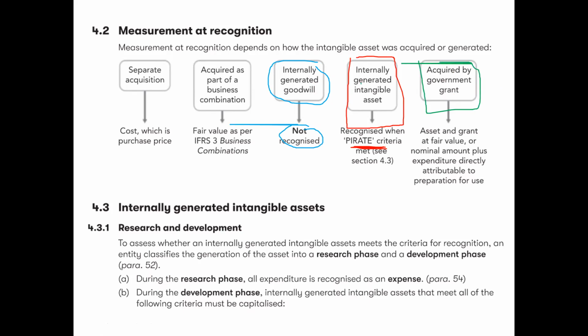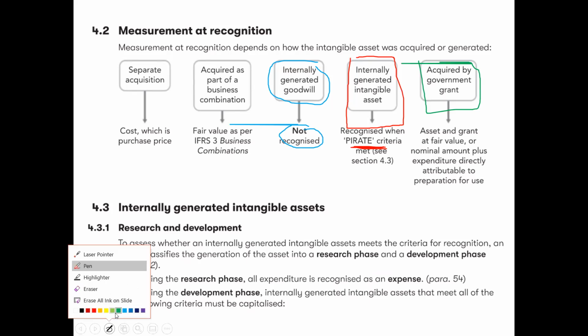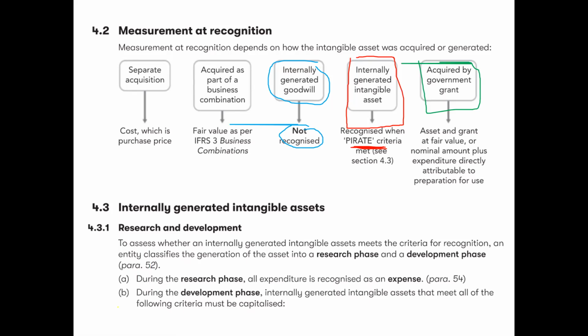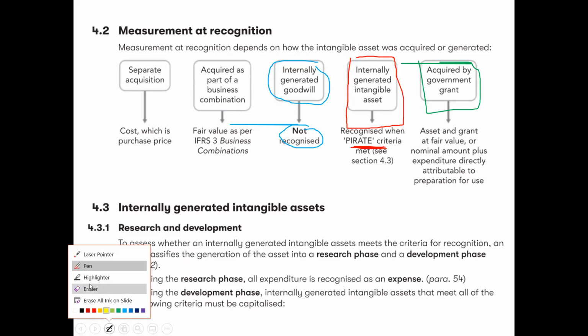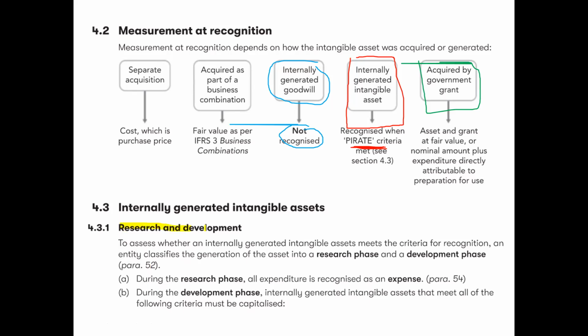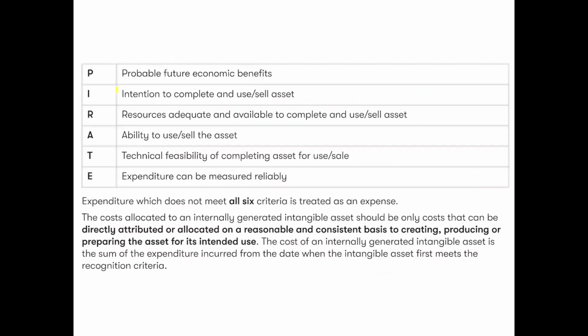So for internally generated intangible assets, we need to see that they talk about something called research and development. And research and development, I need to understand that that's related to the research phase, that is always expensed, and the development phase, I can capitalize or can recognize as an asset, but I then need to meet these 6 criteria.